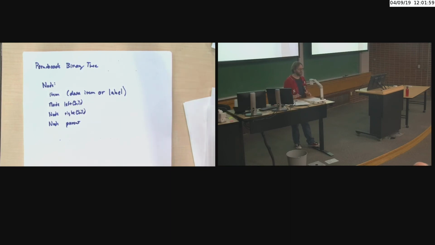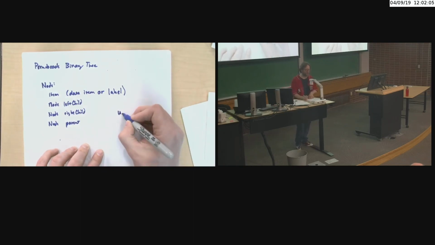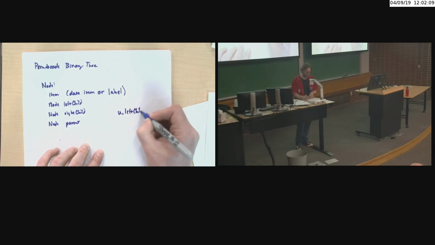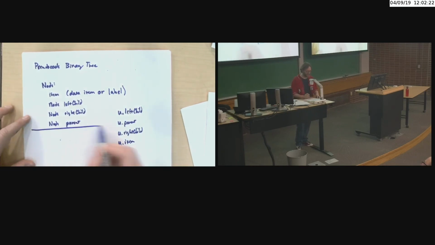If I'm going to write some pseudocode, if I give it a node u, I'm going to use the convention that I can use the dot operator to access its left child, its parent, its right child, or its item. That's the node class.